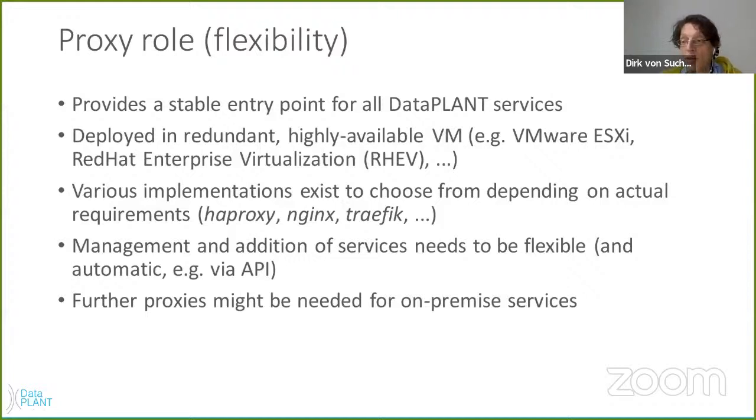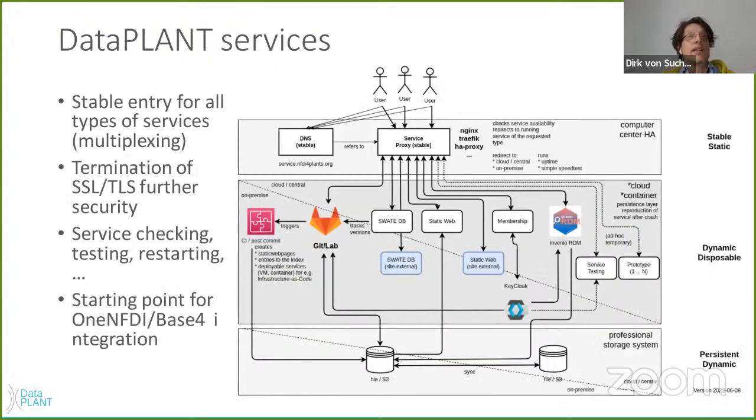What was central to the selection criteria was that it's easy to manage, to add further services, and to make that configurable and deployable automatically in the future, so that it's easy to add new services, test services, switch over between services, and so on. It might be required to have further proxies if on-premise services are desired.